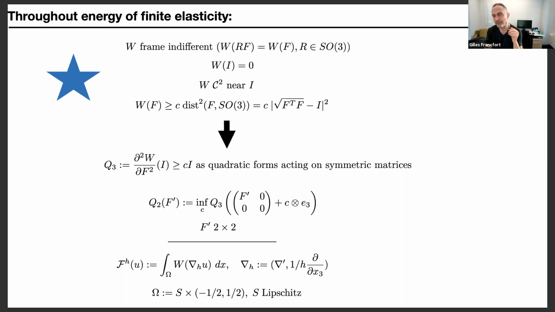What I mean by norm of a matrix is the Frobenius norm. So the norm of A is the square root of the trace of A transpose A.